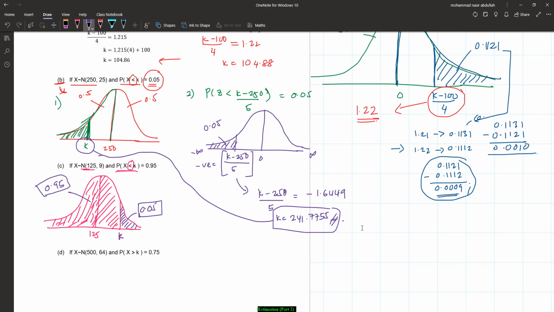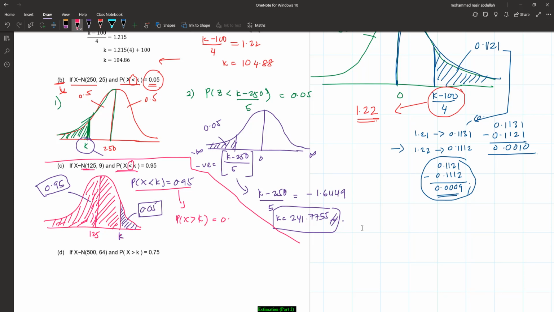Instead of probability of X less than K equal to 0.95, or we can focus on probability of X more than K equal to 0.05. The same thing, right? So K is still the same value. The difference is the direction. So better we focus on the different direction here.